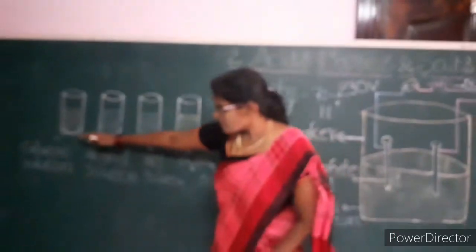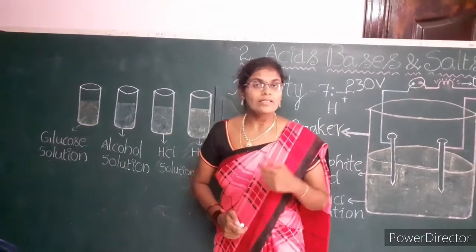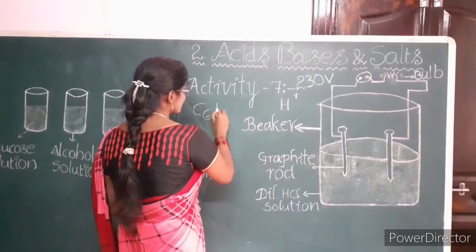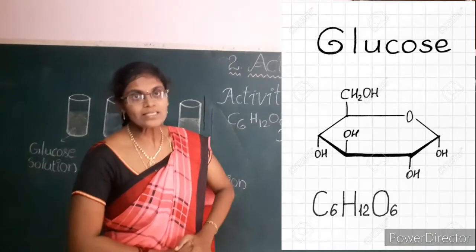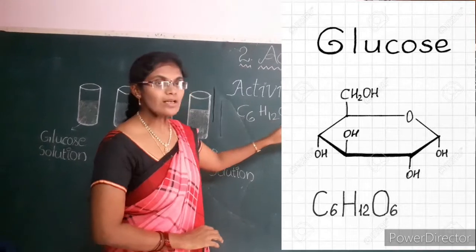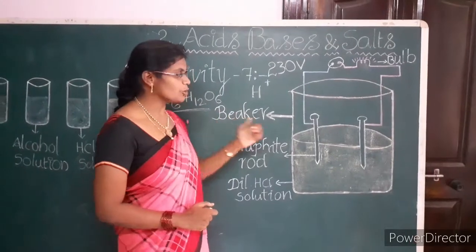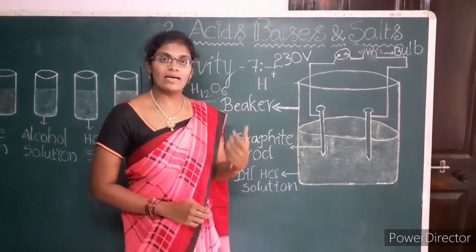Next, repeat the same activity with glucose. The chemical formula for glucose is C6H12O6. Take this glucose solution into the beaker and repeat the activity again.